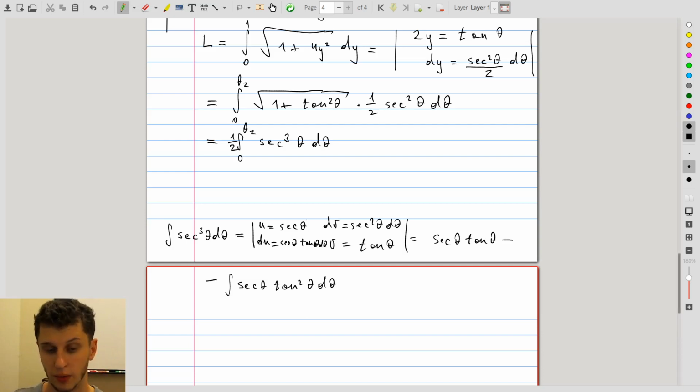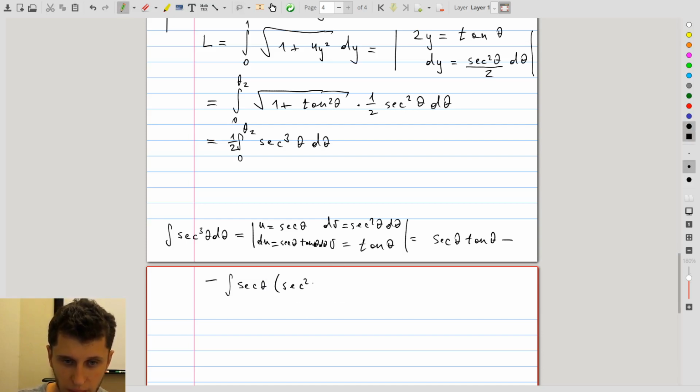And so, well, that is secant theta times secant squared minus 1 d theta. And so I have secant tangent minus integral of secant cubed plus integral of secant.